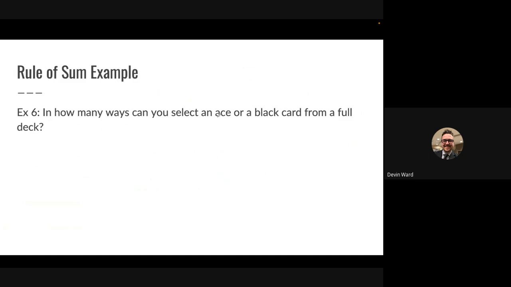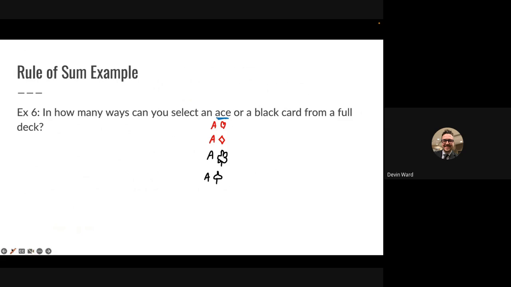Let's just look at the ace first. How many aces do we have? We have the ace of hearts, the ace of diamonds, the ace of clubs, and the ace of spades.